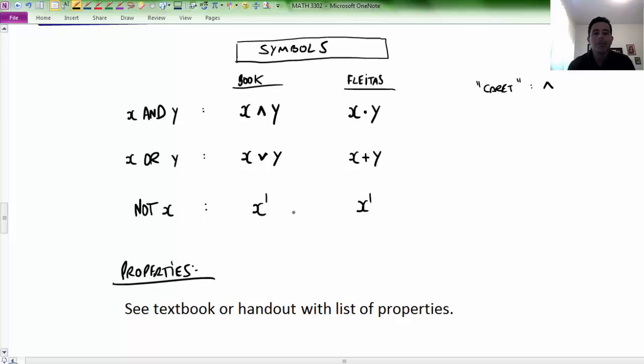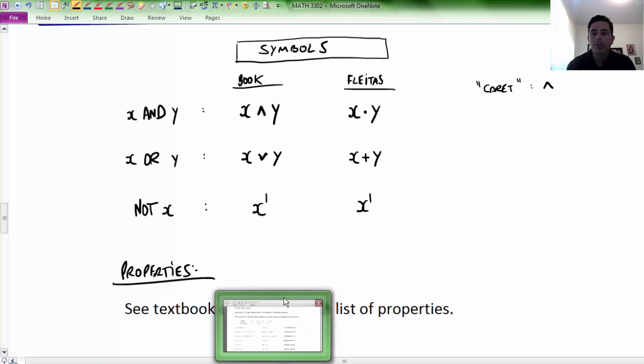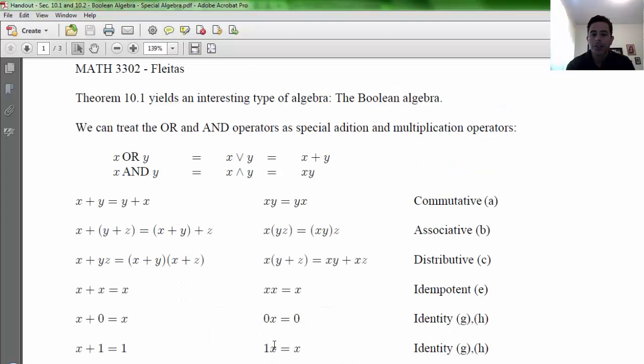And the NOT gate, we're going to keep the same as this one, the apostrophe. And then in the textbook, we can see the list of properties of these gates. So here it is. This is theorem 10.1 in the book. That theorem yields an interesting type of algebra. It's called the Boolean algebra.